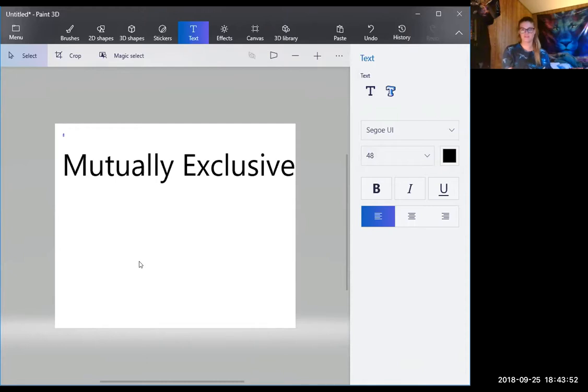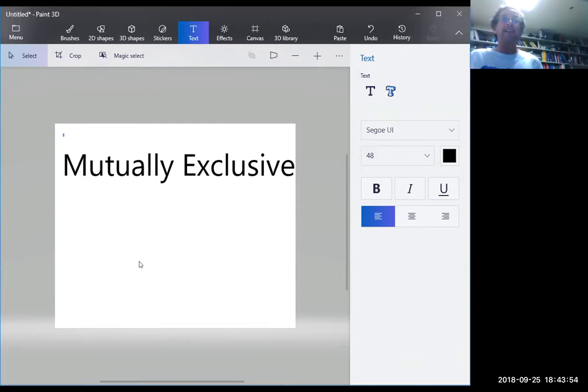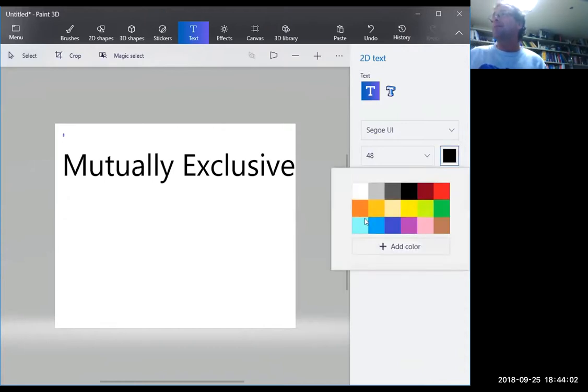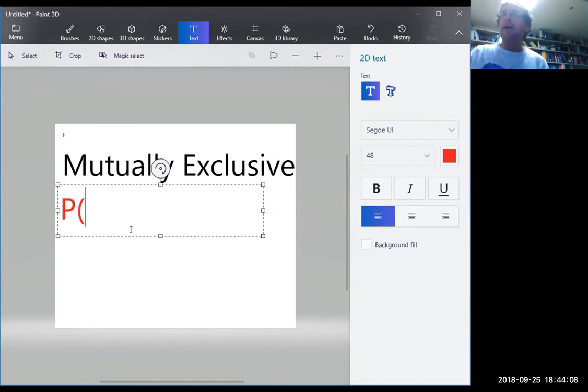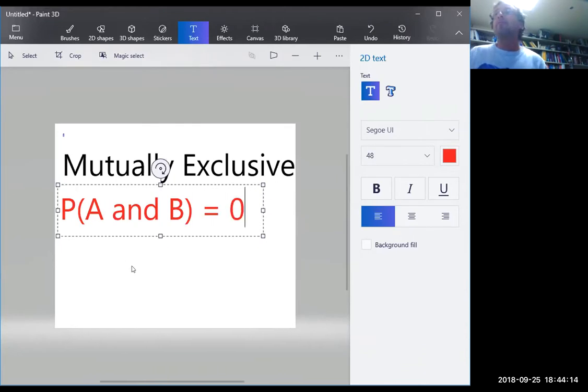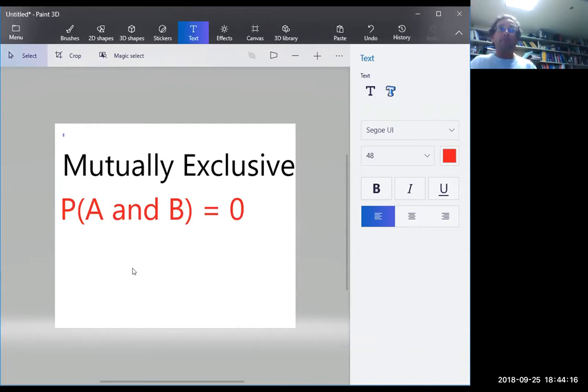Yeah, you can't be born in America and China. It just doesn't make any sense, does it? So in terms of the way to write this with probabilities, because remember, this is the chapter on probability, the probability of A and B is equal to 0. There's a 0 chance of both happening.